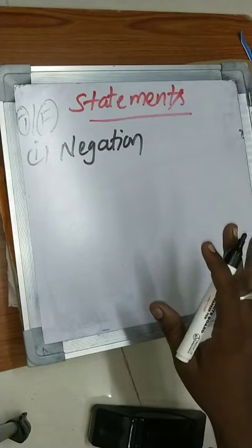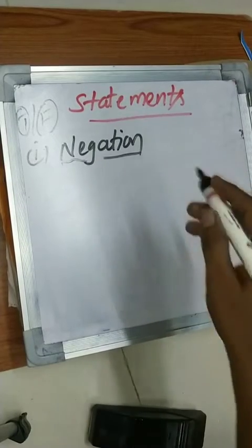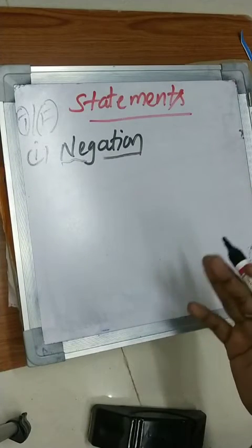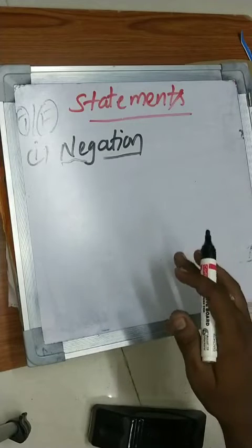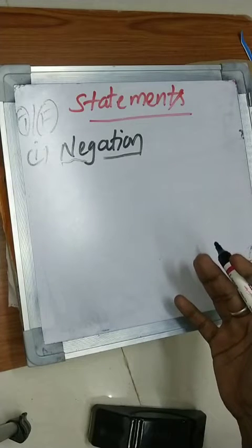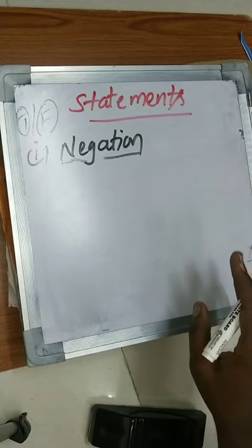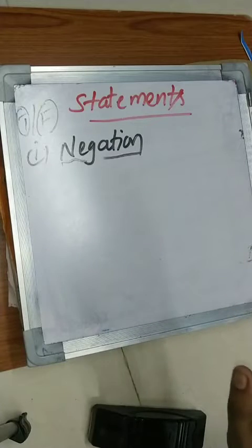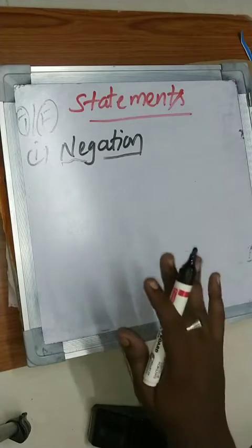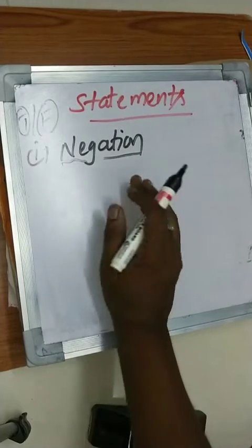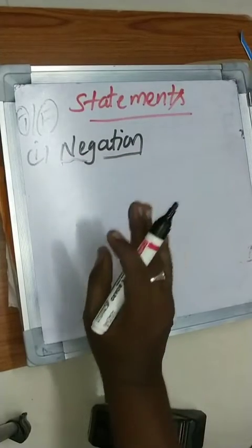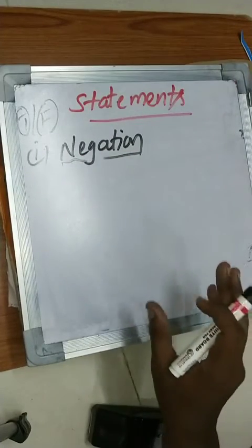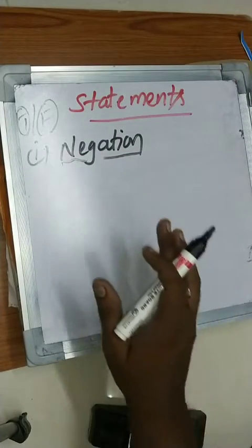Negation means nothing but it will give a negative sense, like 'Ramu is a good boy'. So what is its negative sentence? 'Ramu is not a good boy.' That's it. Obviously Ramu is a bad boy, but when you are going to use that particular connective, you are supposed to show that it's 'not a good boy'. 'Not' is the negative connective.